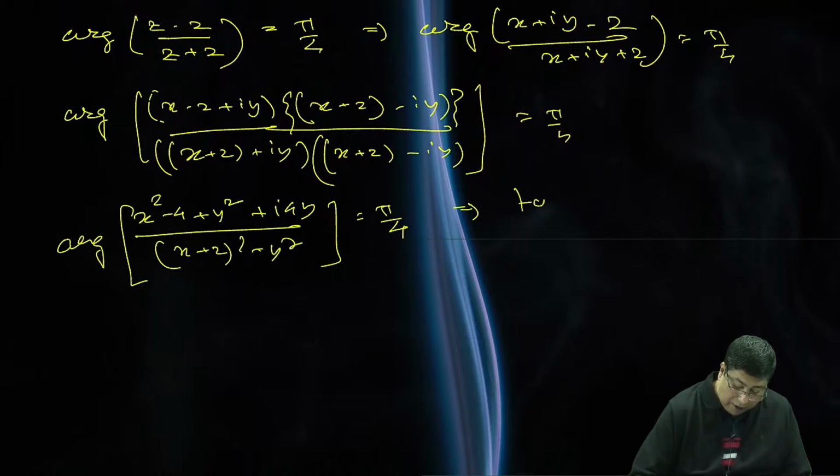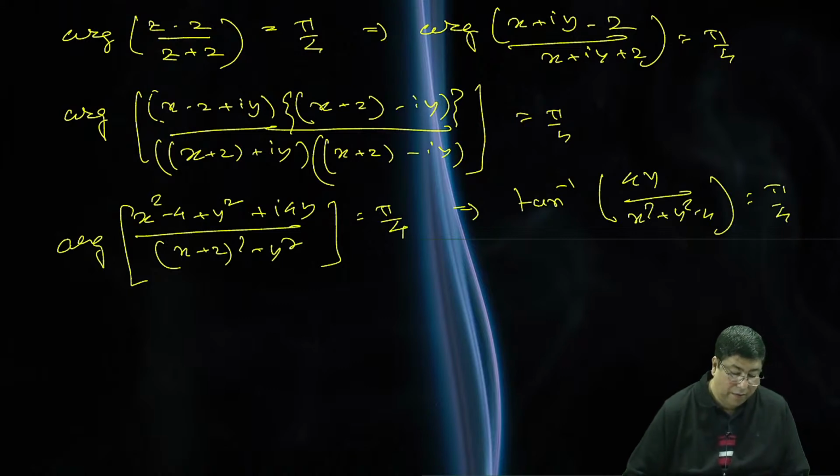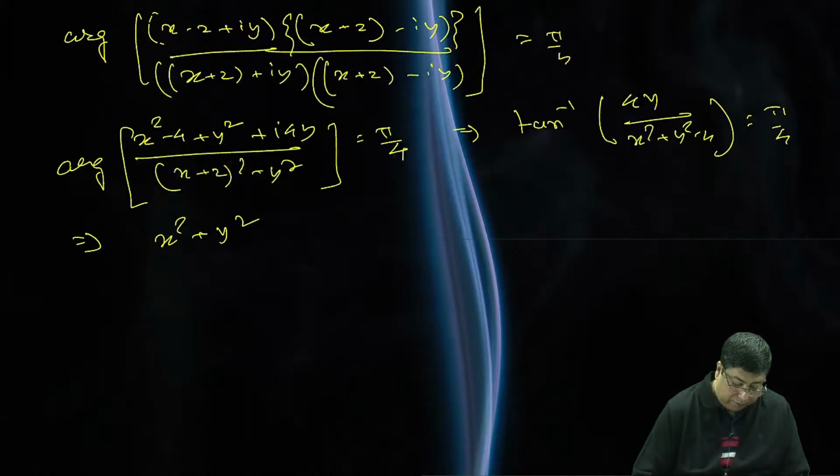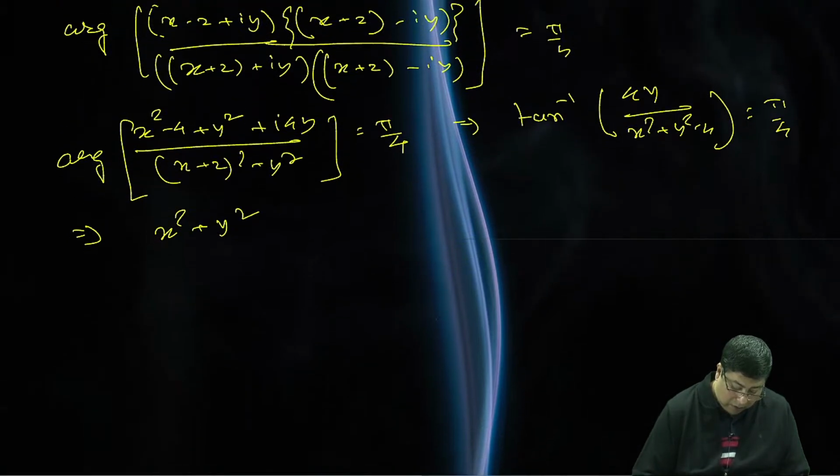Therefore, tan inverse of 4y by (x square plus y square minus 4) equal to pi by 4, so that 4y by (x square plus y square minus 4) equals 1, since tan pi by 4 is 1. Cross multiplying, we are getting x square plus y square minus 4y plus 4 equal to 8.